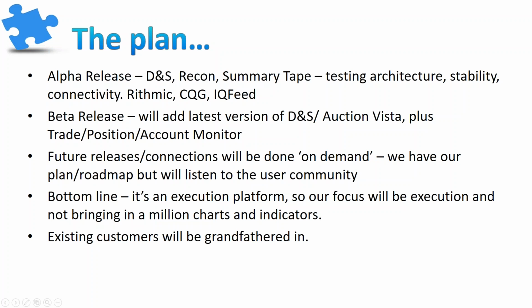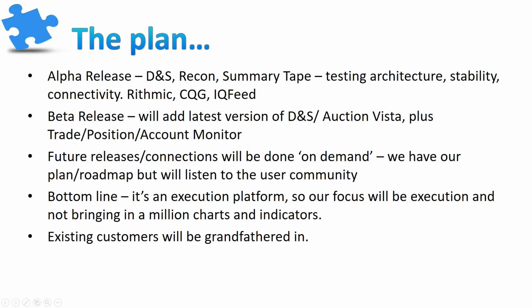We do have a product roadmap that would keep us in work for several years, but we're going to stick to a blend of what the user community asks us for, as well as our own designs and inventions. That way, we all stay happy. We get to develop the things we want to develop, and you get to use the things that you want to use.